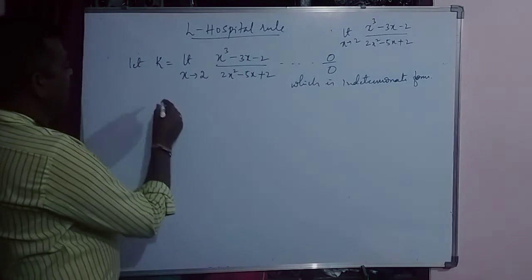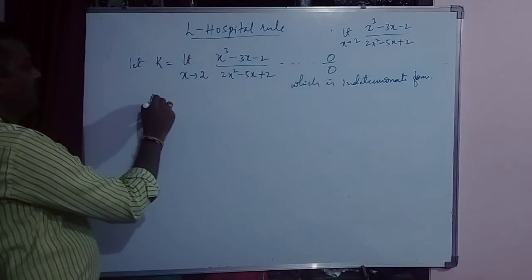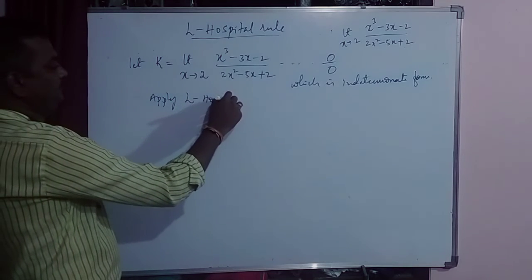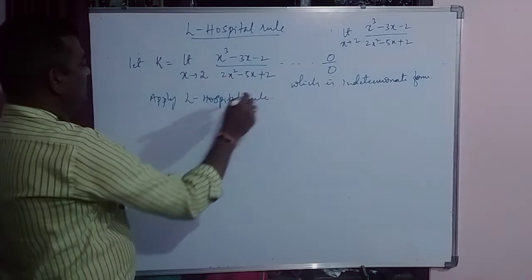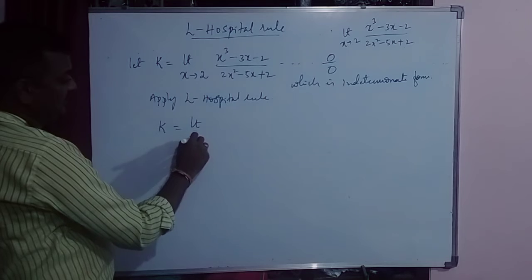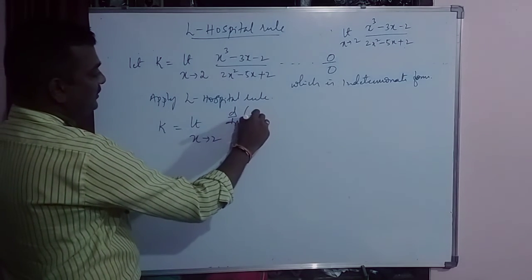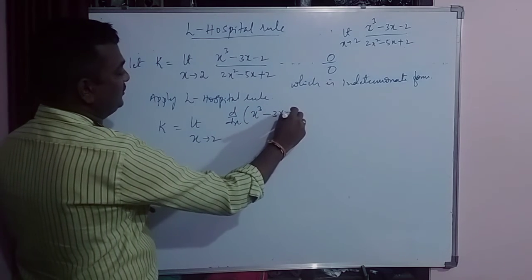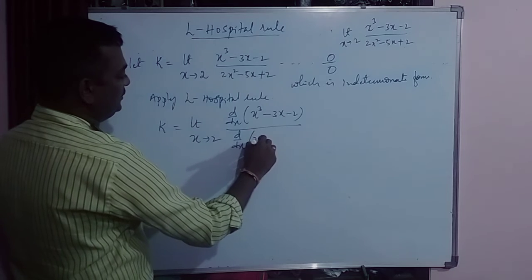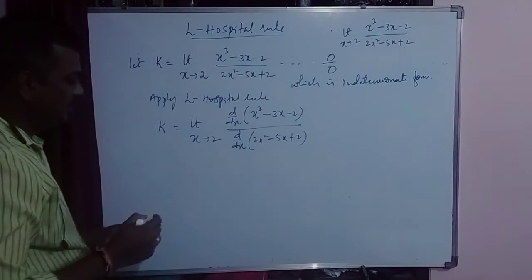So what do you need to do, students? We differentiate. We apply L'Hospital rule. What is L'Hospital rule? We are not applying it on the left side, only on the right side. Differentiate d by dx of x cube minus 3x minus 2 divided by d by dx of 2x square minus 5x plus 2.